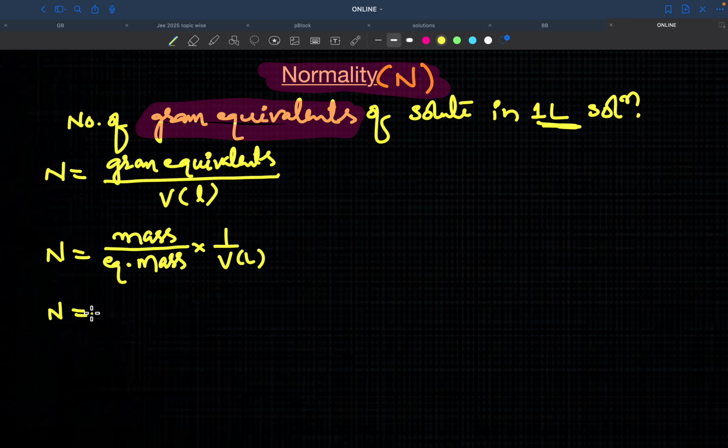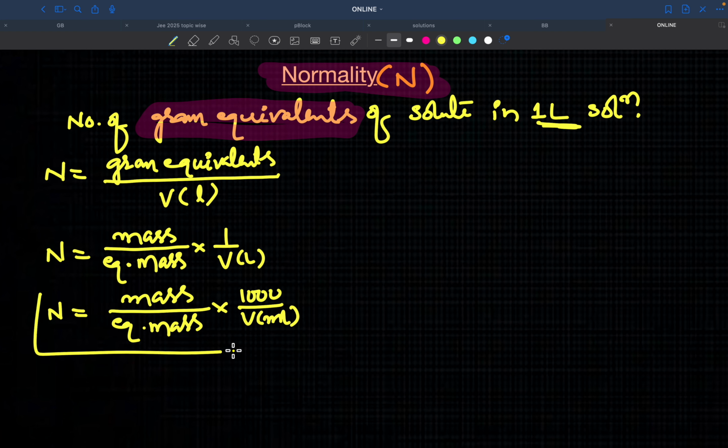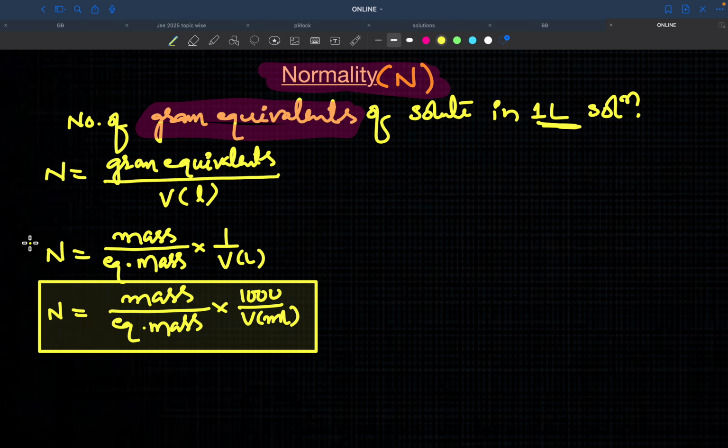Normality is equal to, the same thing becomes mass over equivalent mass multiplied by 1000 over V in ml. So this is the first formula when the volume of the solution is given in milliliters. This is the second formula when the volume of the solution is given in liters.